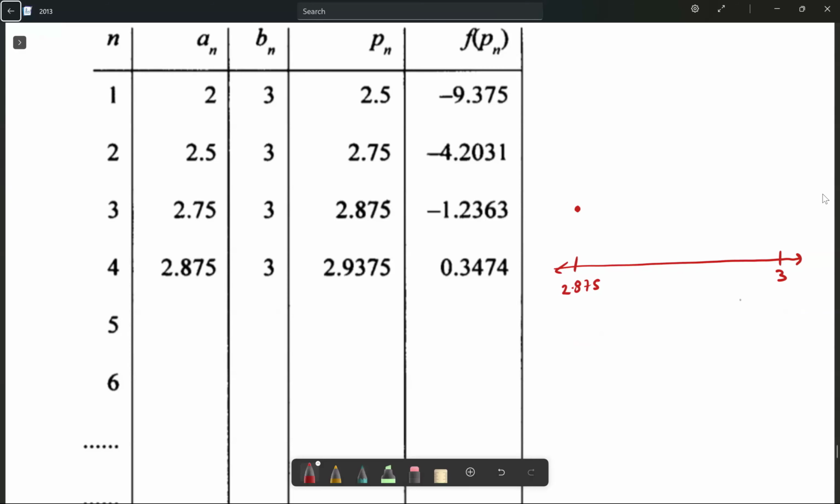One second. This is 2.875 plus 3, divided by 2.